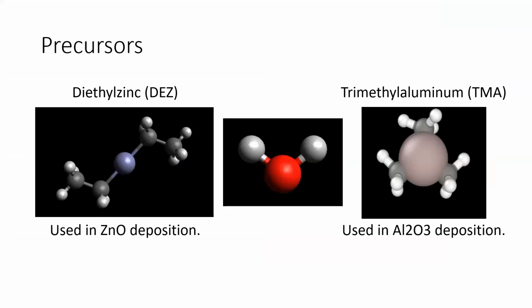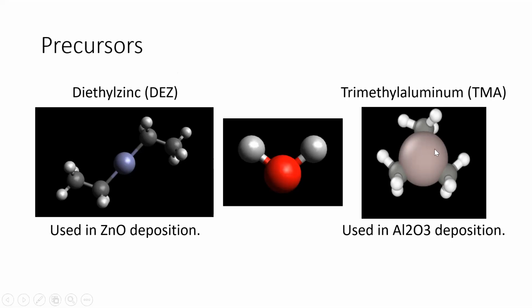Here are some important players. On the left-hand side of the screen here, you can see diethyl zinc, or DEZ. I'm going to throw a lot of acronyms at you, so just bear with me. This is a zinc atom that is sandwiched between two ethyl ligands. And this is the metal precursor for zinc oxide deposition.